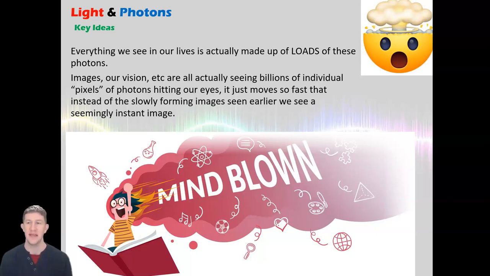It just happens that photons move at the speed of light, so we don't see that slowly developing image that I showed you in the earlier slide. We see an instantaneous image because our brain can't process faster than the speed of light, so we don't see a dot and then 3 dots and then 5 and then 50 and a million and suddenly we've got an image. We just see the image straight away. But this is actually what's happening. If we could slow down light, we would see images slowly developing in our eyes.